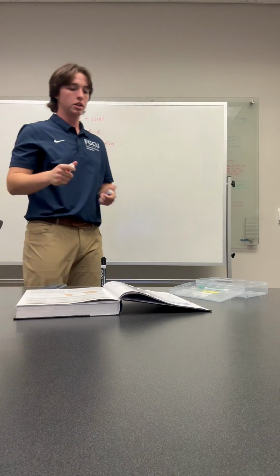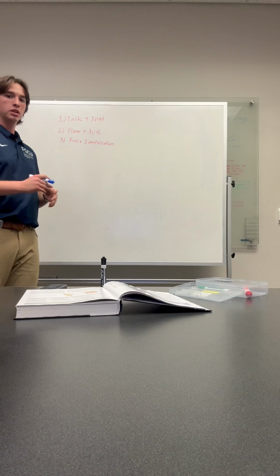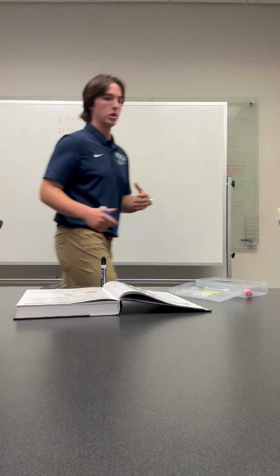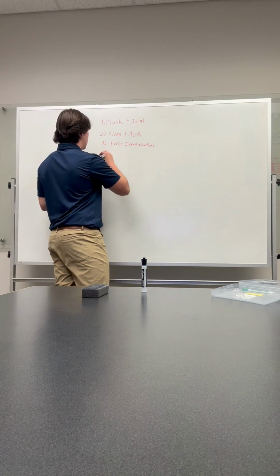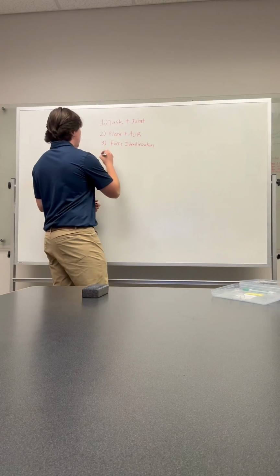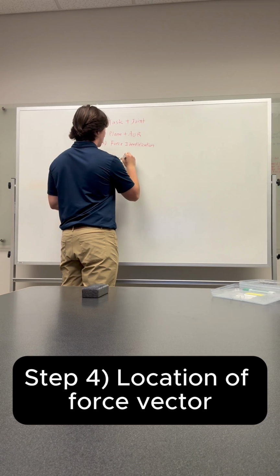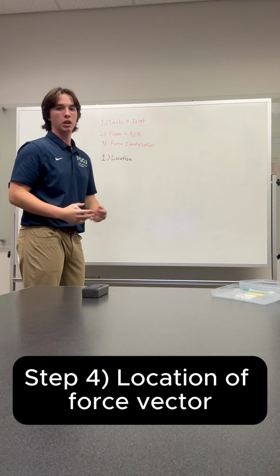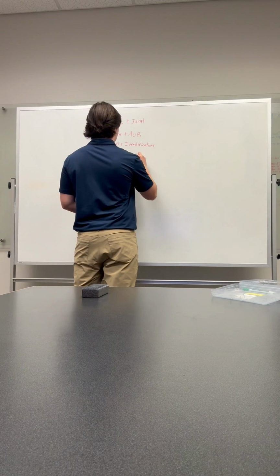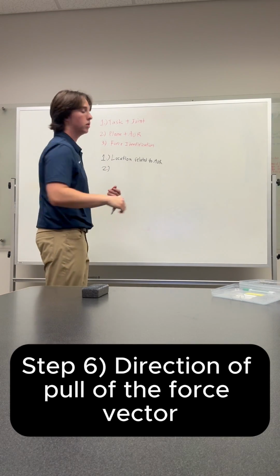From that, you get to the second stage, which is more of the action phase. This is where you're assessing the movement and you're actually looking at what's going on. You have two stages. The location of the vector in relation to the axis of rotation. Then the direction of the pull of the vector.